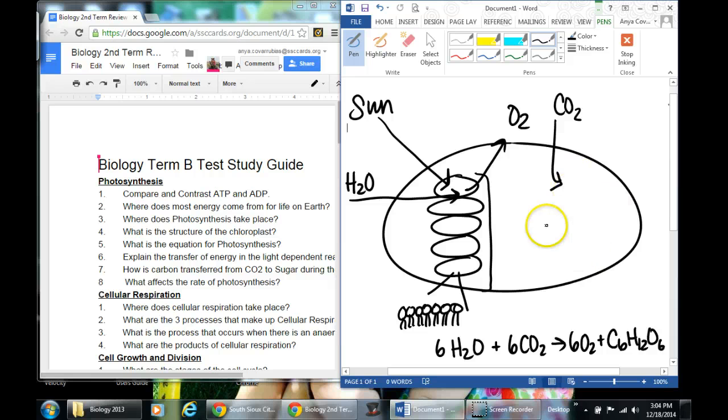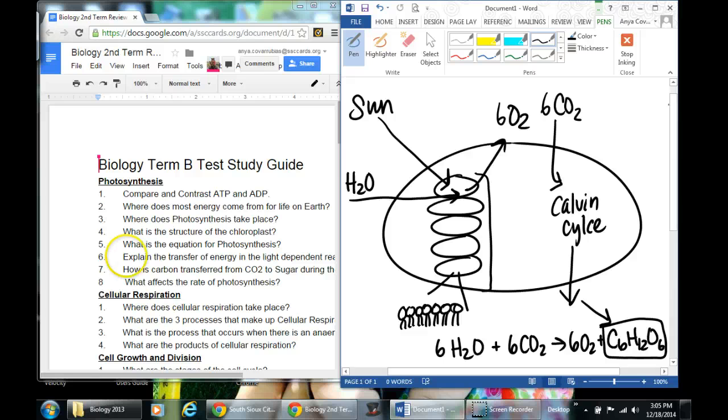It goes into this open space of the stroma, and the CO2, 6 CO2 to be precise, go through the Calvin cycle, and we produce our sugar, C6H12O6. And so I kind of covered number 5. So here's our equation: 6 water molecules plus 6 carbon dioxide produces 6 oxygen and 1 sugar.